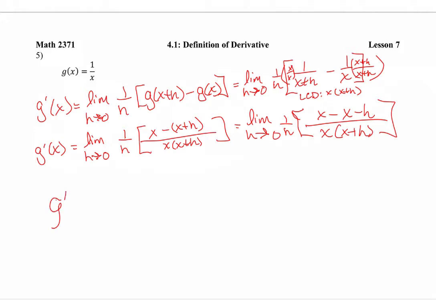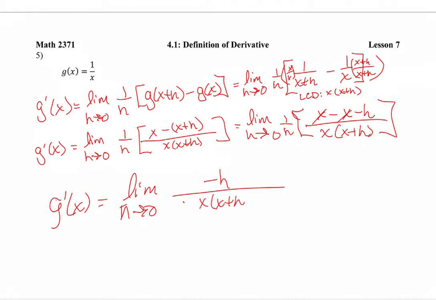So g prime of x equals the limit as h goes to 0 of, my x's will cancel, so I'm left with minus h over x times x plus h here, and I still have my 1 over h out here.